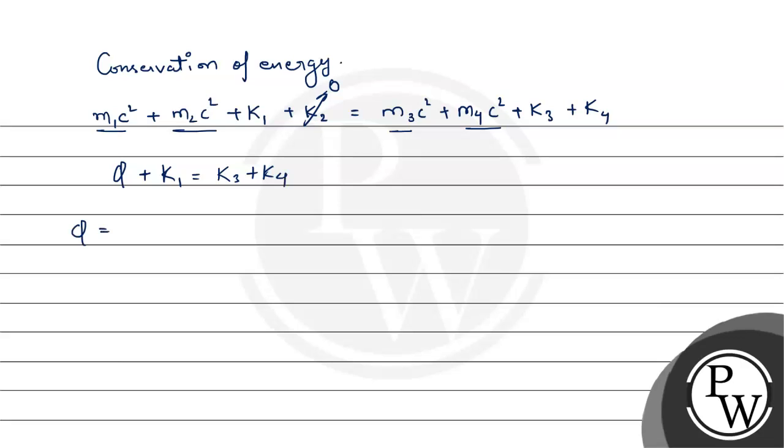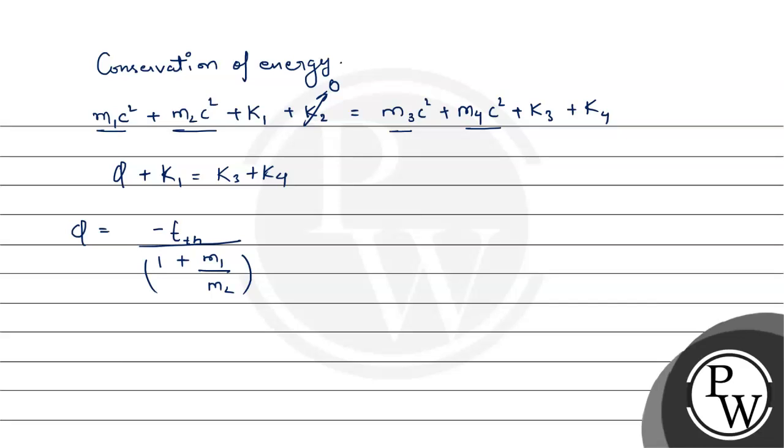So Q must be equal to the threshold energy with negative sign, because threshold energy itself is negative, times 1 plus m1 over m2. Okay, so this is our Q. No, this is not minus, this must be plus.